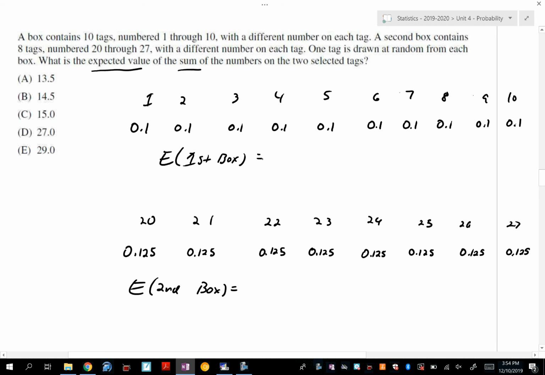So what's 3, 6, 10, 15, 21, 28, 36? Remember they're all 1/10, so it's 5.5. Yeah, not 55. It's 5.5.